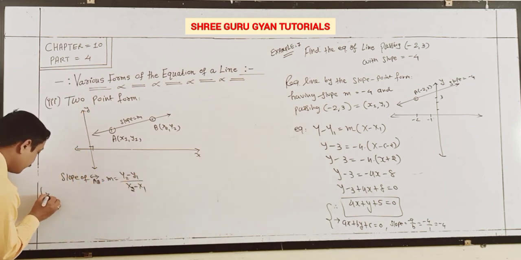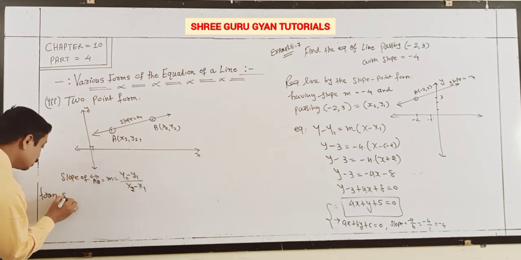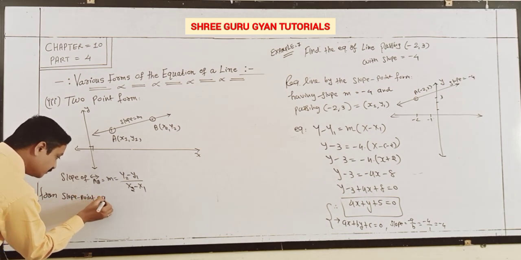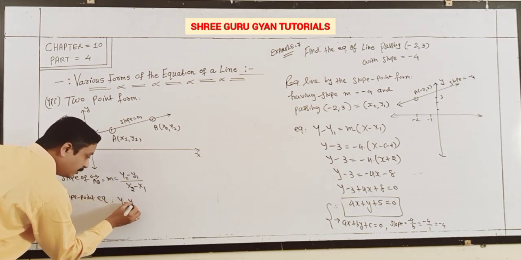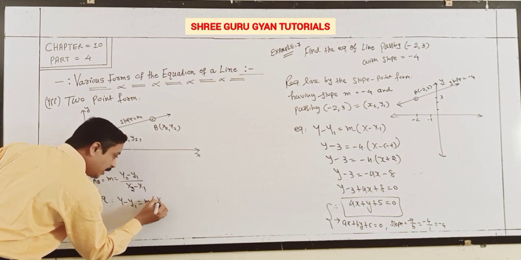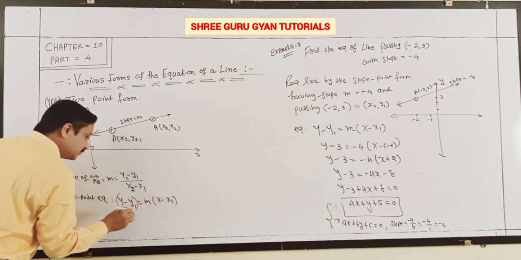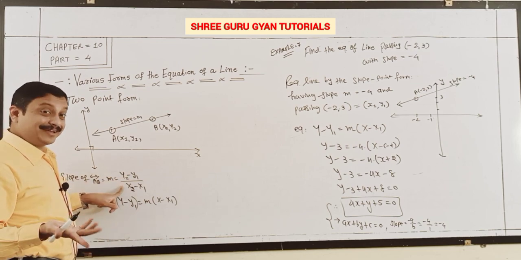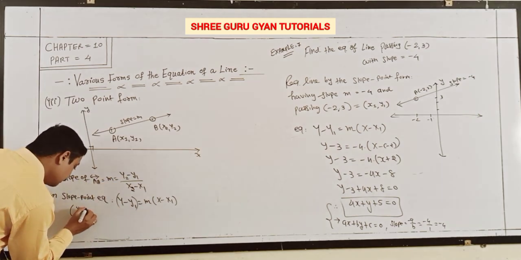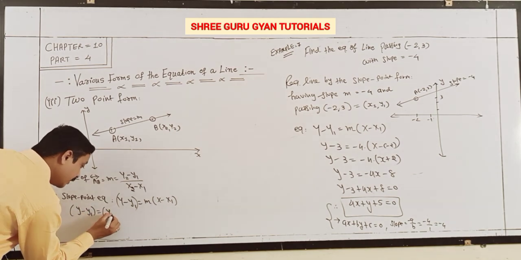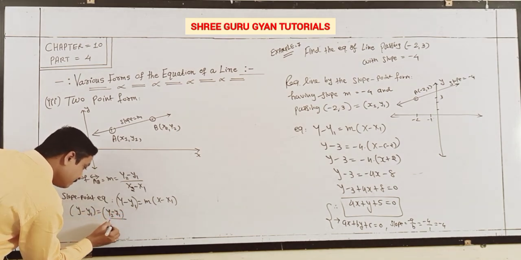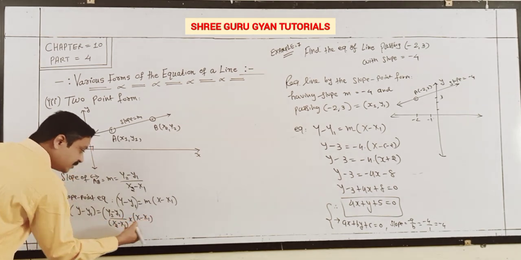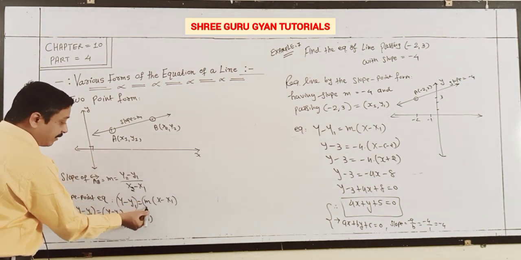So from here I take the slope point equation: y minus y1 is equal to m times (x minus x1), where m is the slope, already derived here. So y minus y1 is equal to (y2 minus y1) by (x2 minus x1) into (x minus x1). I only put in this value of m.